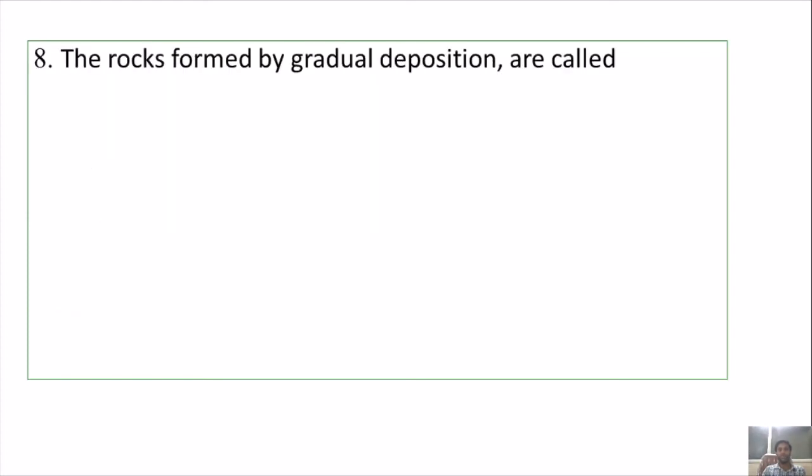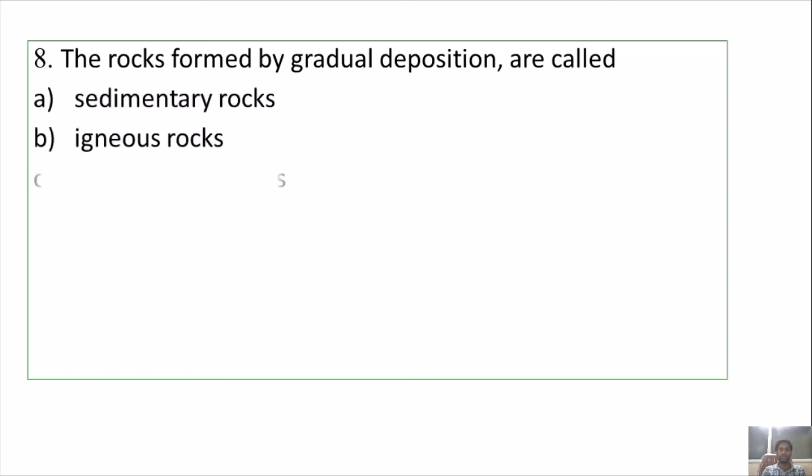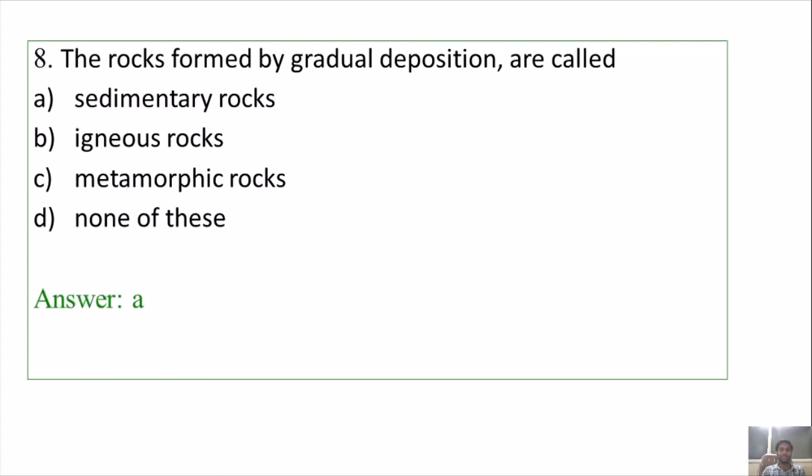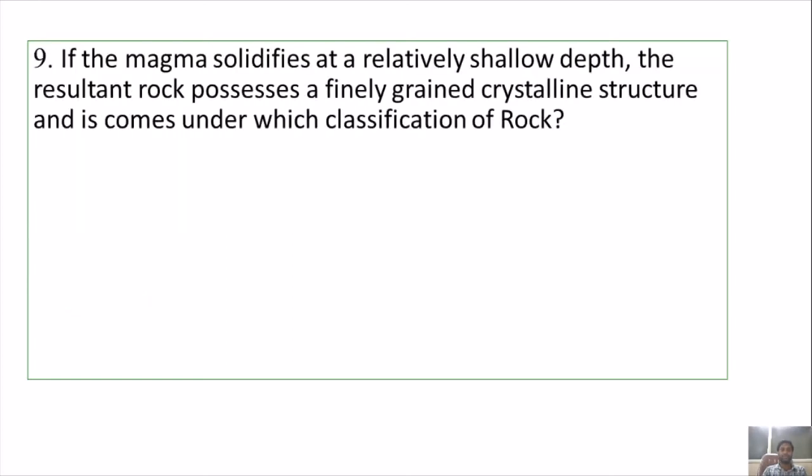Rocks formed by the gradual deposition are called sedimentary rock, igneous rock, metamorphic rock, none of these. Answer is A: sedimentary rock forms by gradual deposition of the primary rocks. If the magma solidifies at a relatively shallow depth, the resultant rock possesses a finely grained crystalline structure.